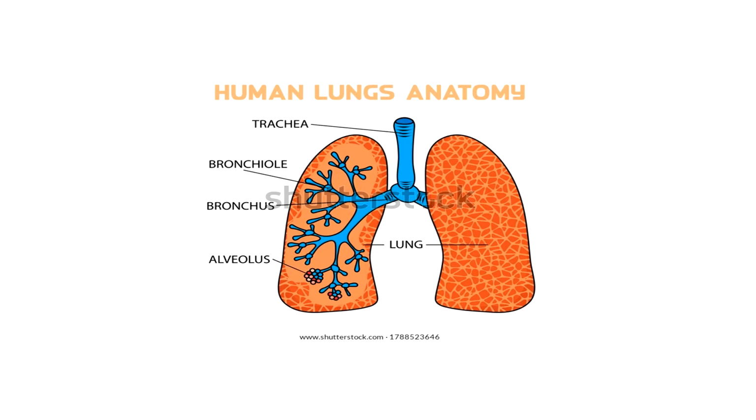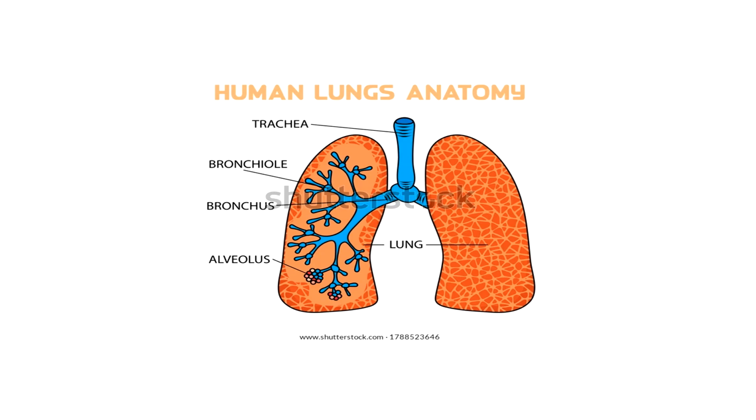So let's try to understand the human lungs' anatomy, and let's see what the parts of the lung are. This is the trachea. It's also called a windpipe. The respiratory system consists of the lungs, the muscles of the chest, and the windpipe.